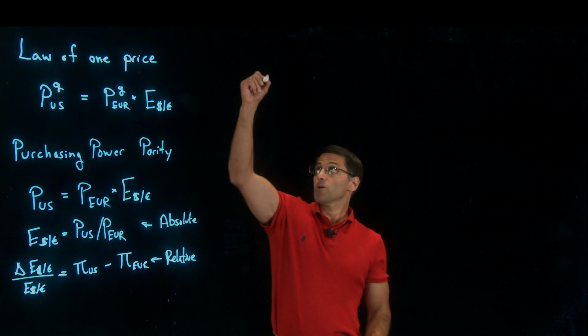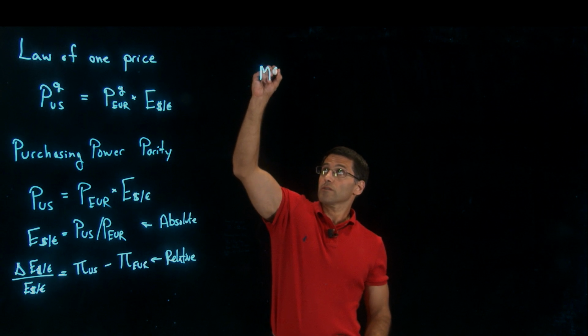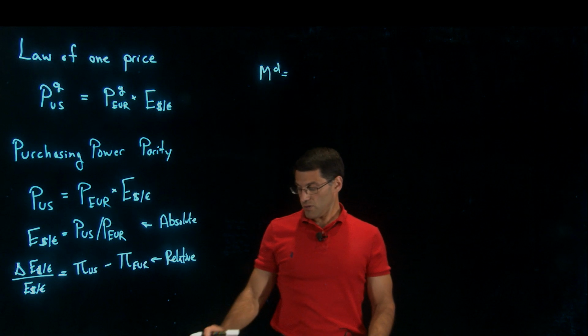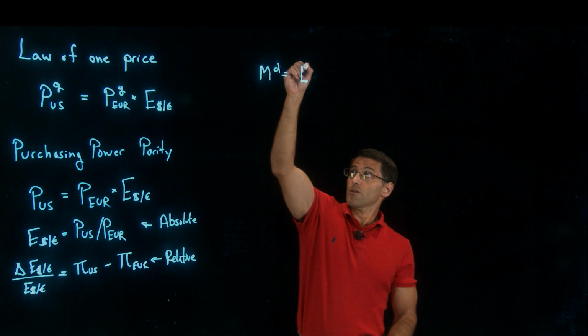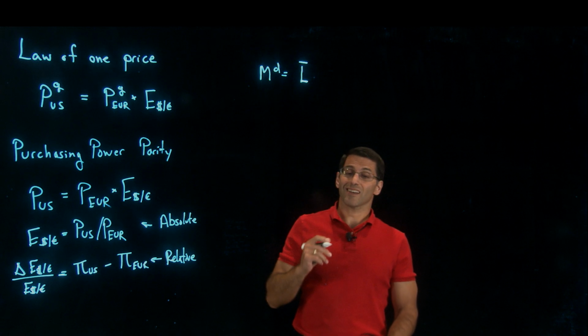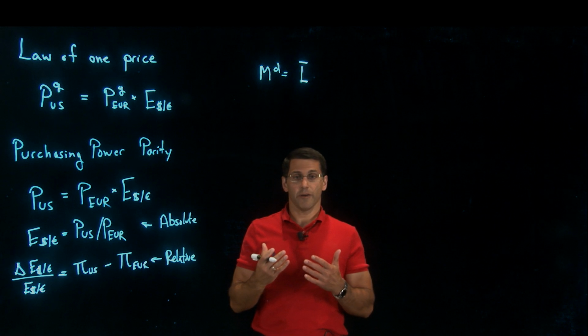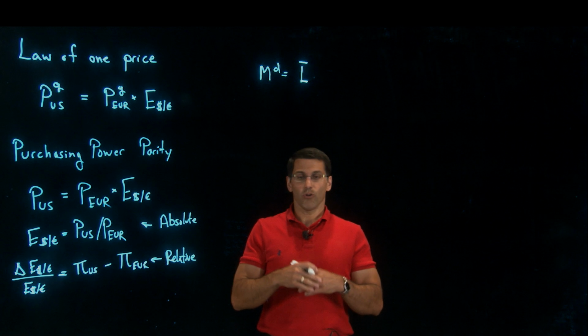So money demand is a function of what we call L bar, which is this kind of money demand constant. And that's going to be determined by a whole host of factors.